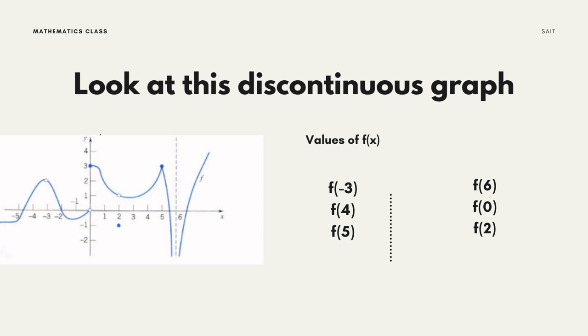So if x is -3, there's a hole. If x is 4, your function is defined, you can easily report the y value, which is 2. At 5, the output would be 3. But at 6, can you see there is an asymptote here, so your function is not defined. At 0, here there's a hole, but here it's defined.